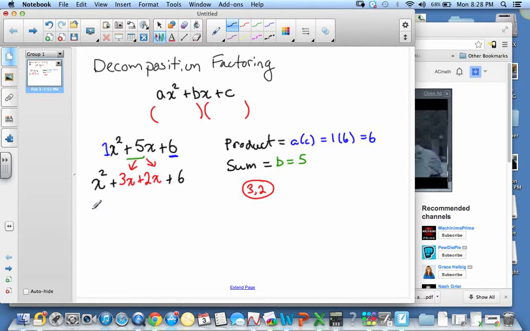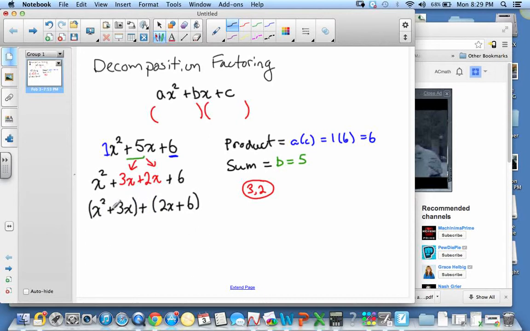Why is this helpful? Well, we did learn about grouping. So I'm going to take this stuff and group it. I'm going to take the first two terms and group them in their own separate bracket, and I'm going to group the second two terms into their own separate bracket. Notice how I still have this plus sign in the middle here.